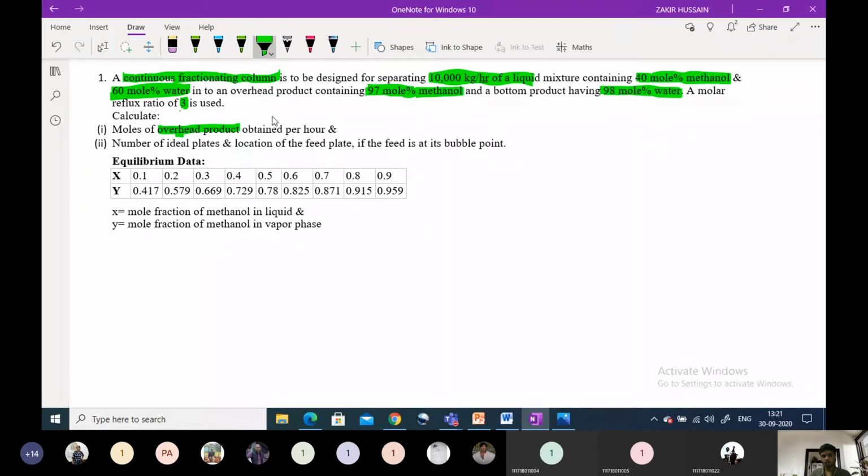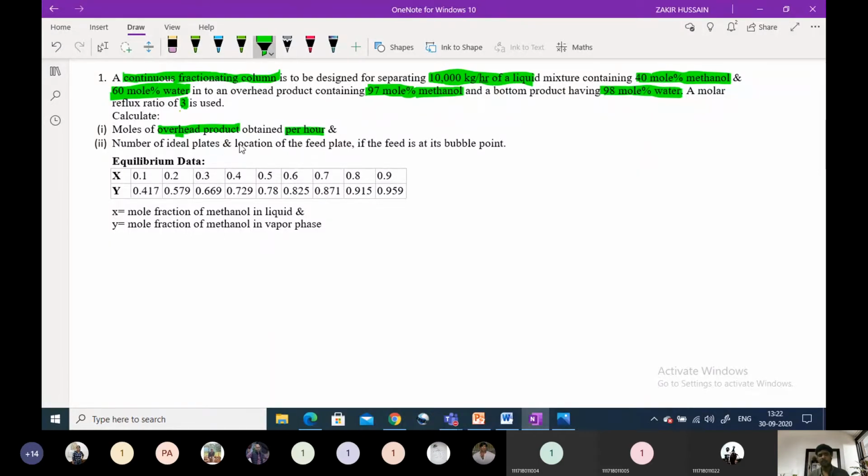To obtain that, we divide by the molecular weight: kg per hour divided by kg per kilomole, the kg cancels and kilomole per hour is left. So we have to use the molecular weight.